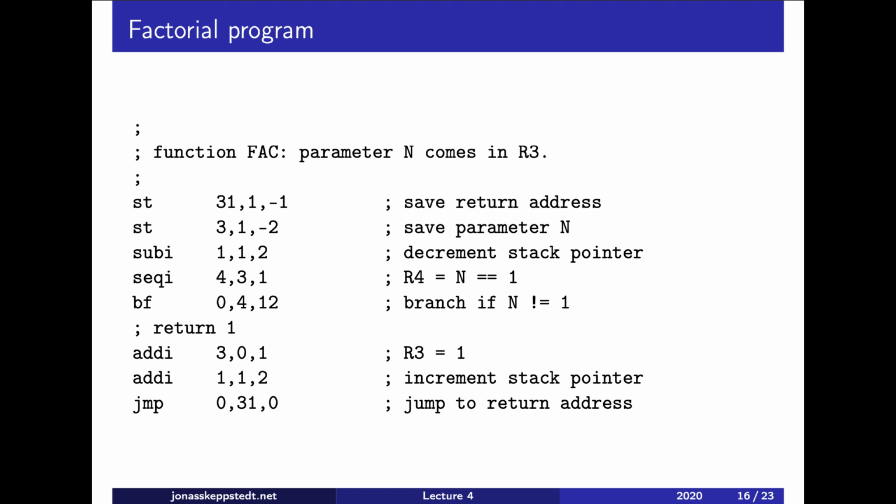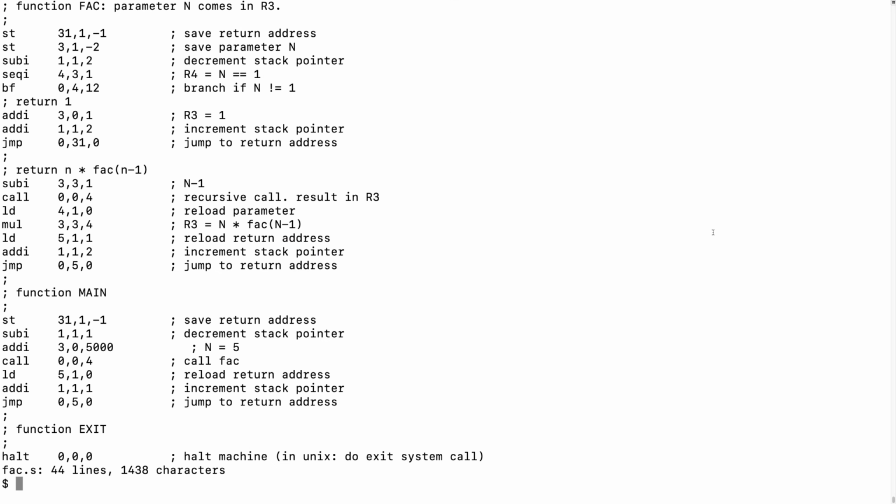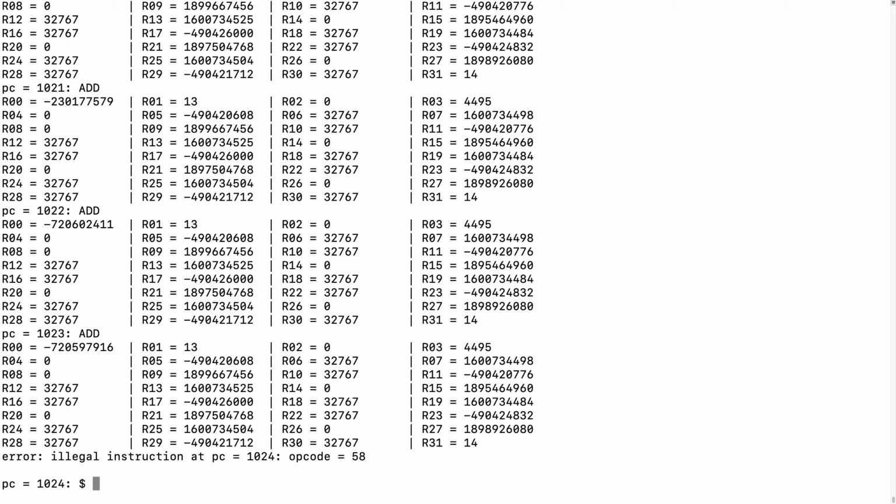because what will happen is that we will call factorial 5000 times, and that will not fit into this, so the stack will eat up everything and it will be chaos. So let's see what happens. Illegal instruction.